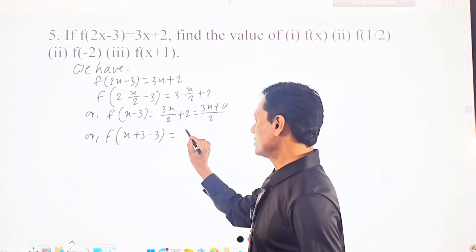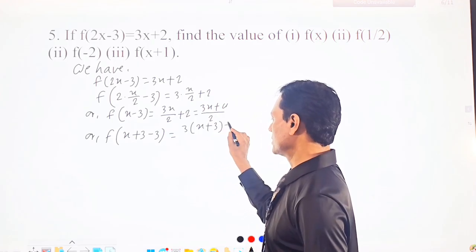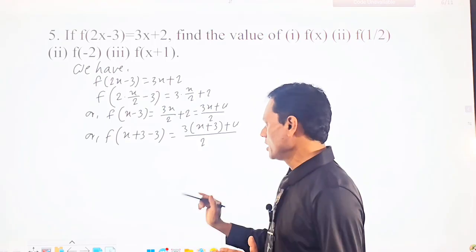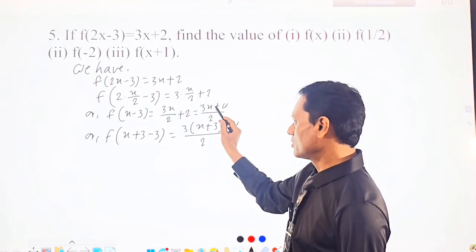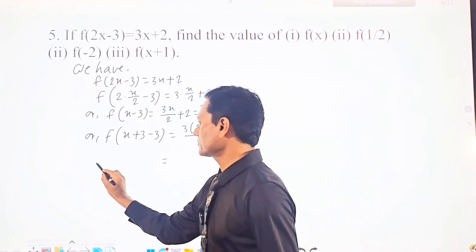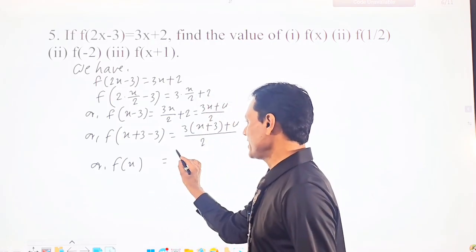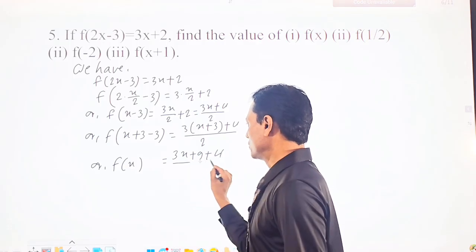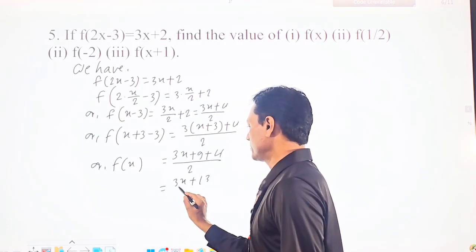So we can write here 3 times (x + 3), plus 4, over 2. I hope you are understanding. Here also x is replaced by x plus 3. Now the simplification: that becomes f(x), and here just open the bracket, 3x plus 9 plus 4 over 2, and that gives us (3x + 13)/2.